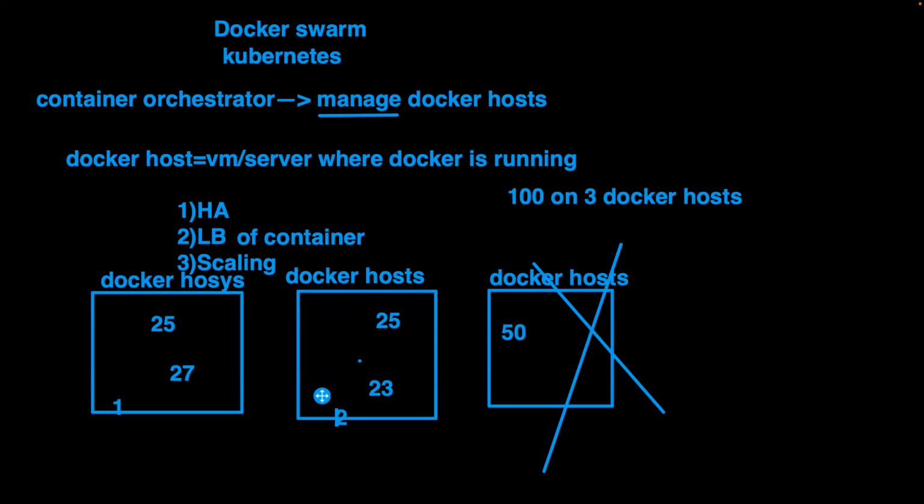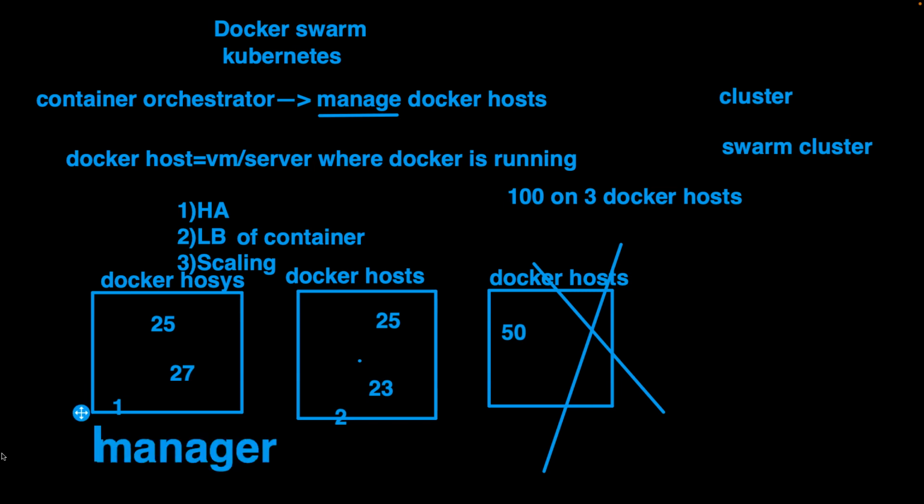So we shall create a Docker Swarm cluster. Cluster means a group of Docker hosts, a bunch of Docker hosts, right? I'll take a bunch of virtual machines, EC2 instances, and we'll create a Swarm cluster. In that cluster, one machine will be working as a manager node. Others will be called worker nodes.